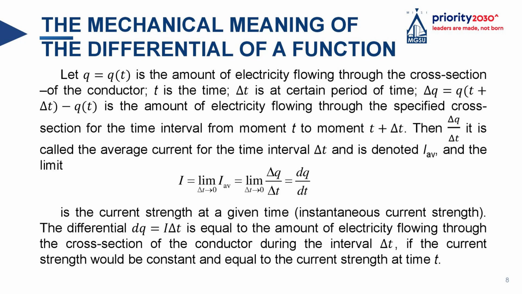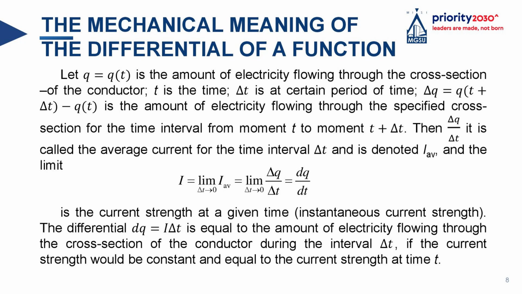Delta Q equals Q of T plus delta T minus Q of T is the amount of electricity flowing through the specified cross-section for the time interval from moment T to moment T plus delta T. Then delta Q divided by delta T is called the average current for the time interval delta T and is denoted I average, and the limit of I average is equal to the following equation. This is the current strength at a given time, the instantaneous current strength.